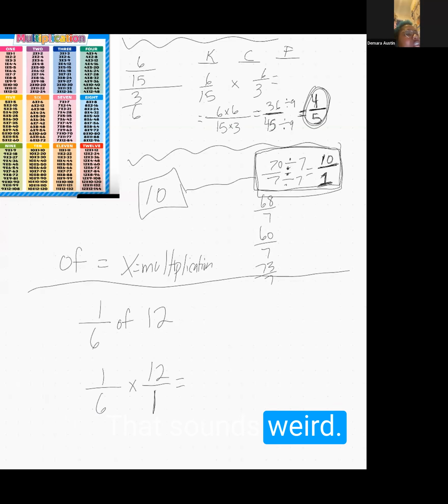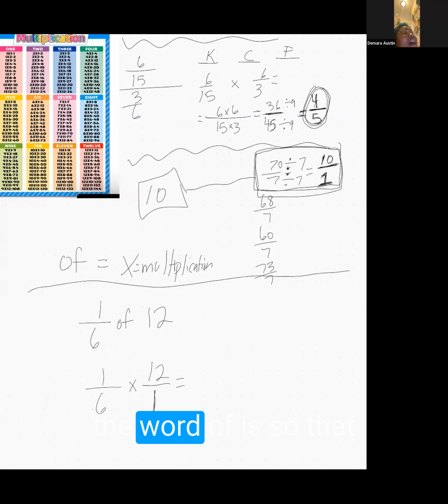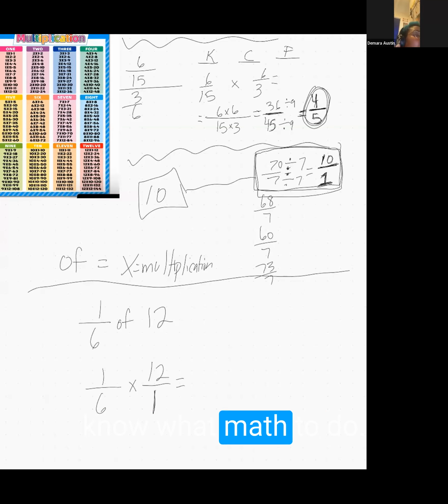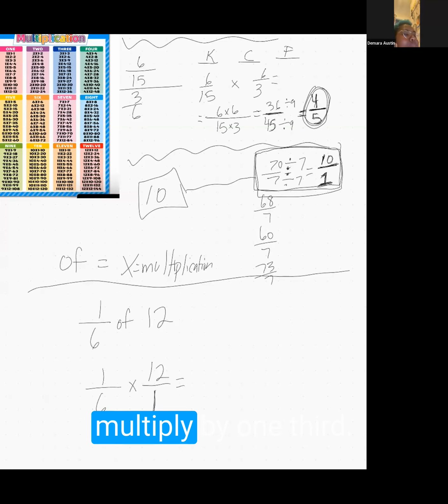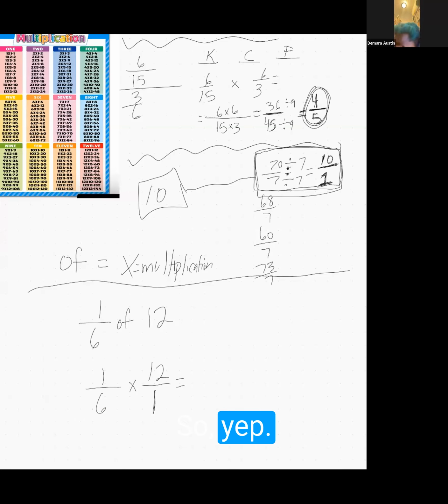That sounds weird. The reason they show you the word of is so that when you hear it, you know what math to do. Give me half of your toys, take your toys and multiply by 1/2. Give me 1/3 of your toys, take your number of toys and multiply by 1/3. So, 1/6 times 12 over 1.